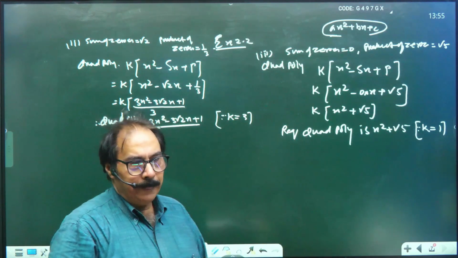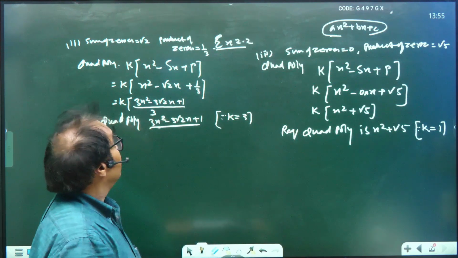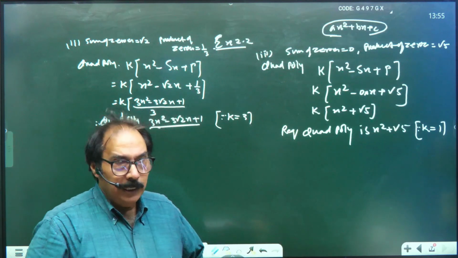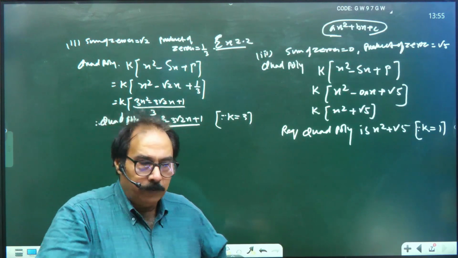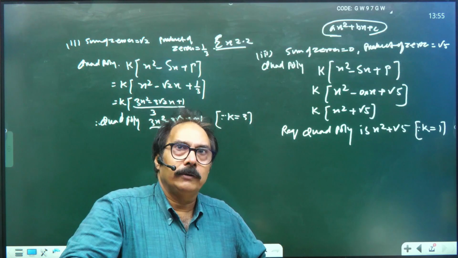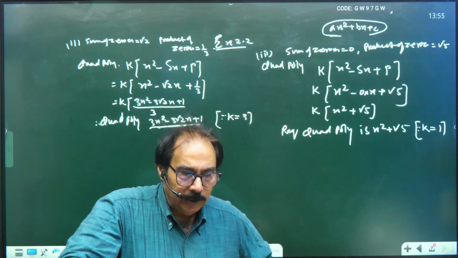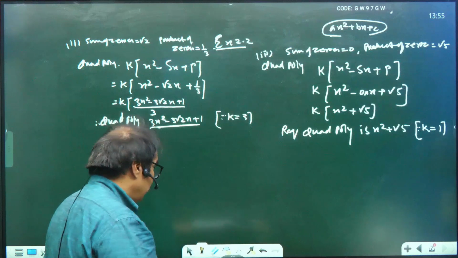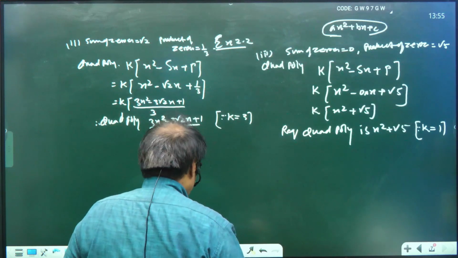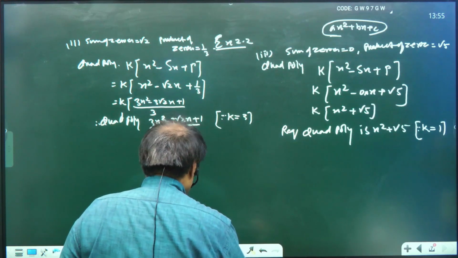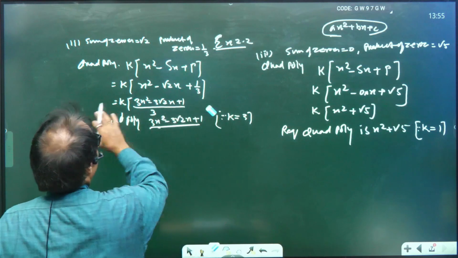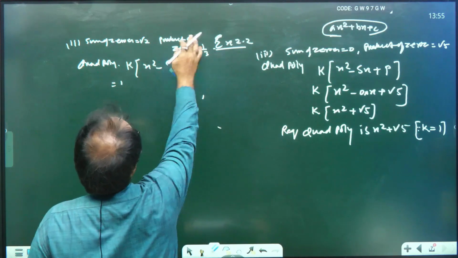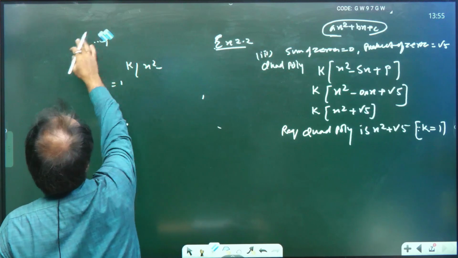So in this way you will form the quadratic polynomial if the sum of the zeros and product of the zeros are given. And the rest of the questions you will solve. Now one point which is not given in your book, and a question may be asked with the case of alpha and beta.